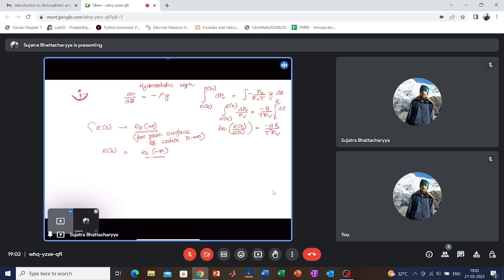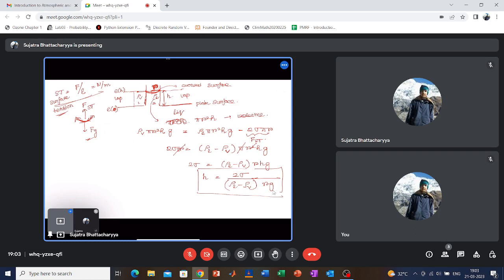Therefore, based on these two things, we can write that log of Es of minus R divided by Es of infinity is equal to minus gH by TRv. So Es of minus R divided by Es of infinity is equal to e to the power minus gH upon RvT. Now just put in the expression of H which we have got.